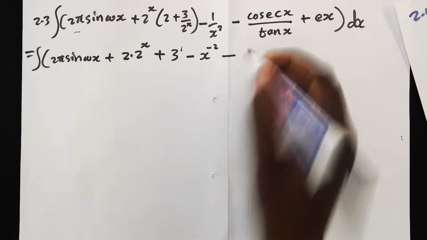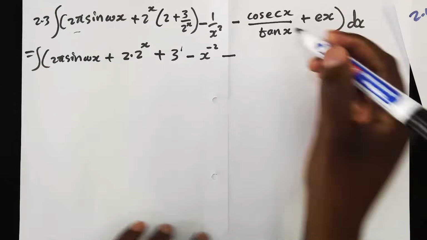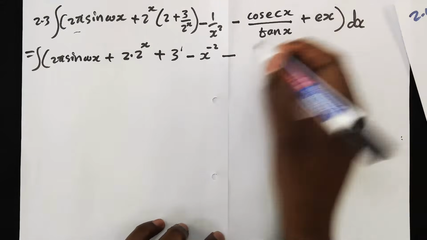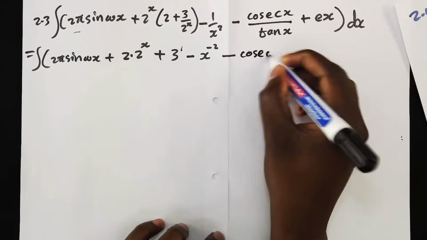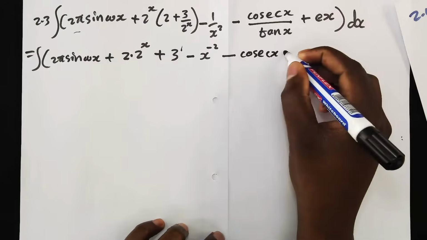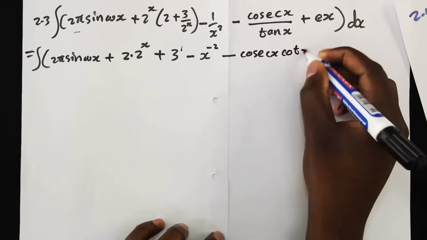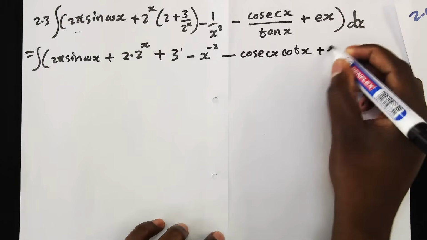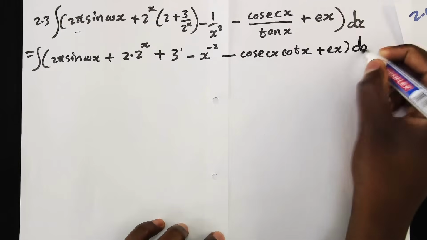So always think of changing your functions to be in the numerator. Hence, I focus on taking it to the numerator. So I see that I have cosec, then 1 over tan it is cot x, and let's have our 2^x dx.